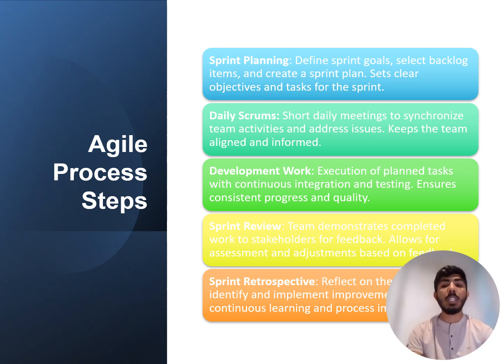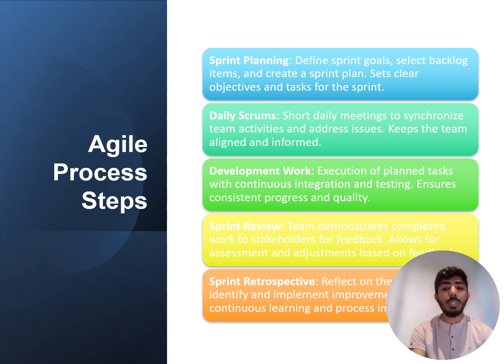It involves several steps. First is sprint planning, where the team defines goals and tasks for that sprint. Daily Scrums are quick meetings to sync up and address any issues. Development work is where the actual work happens with continuous integration and testing.